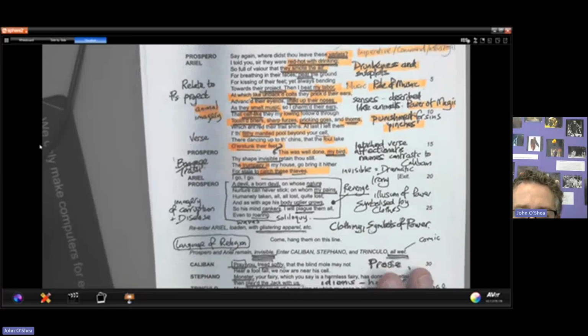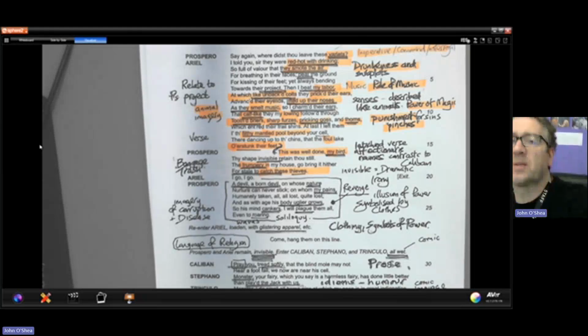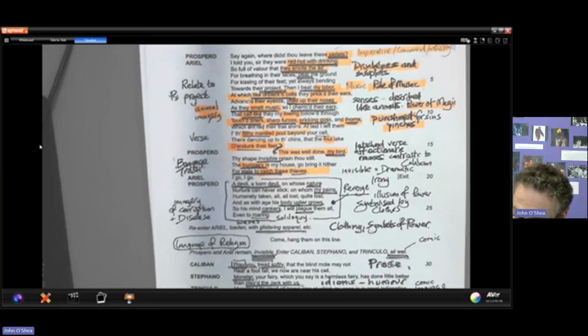Okay, he's going to catch them with tempting them with power in the same way that in Act 2, Prospero tempts Antonio and Sebastian with trying to take power. Okay, so in many ways, Prospero plays God, allowing people to show their true selves or their sins so that they will be then punished and then hopefully come to some kind of repentance.